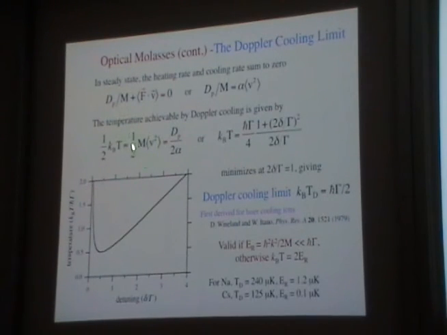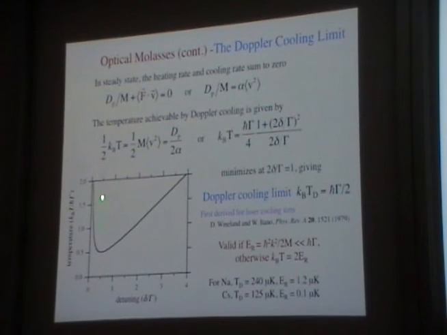You can equate this average kinetic energy of the atoms that you cool to a temperature just by the equipartition theorem. And if I plug in my calculation from earlier for the diffusion coefficient, this is what I get for the final temperature of the atoms due to two counter-propagating laser beams as a function of the detuning of the laser from the atomic transition.